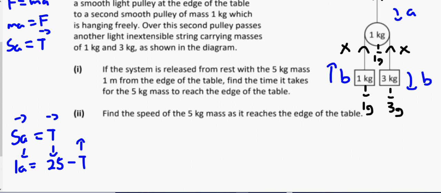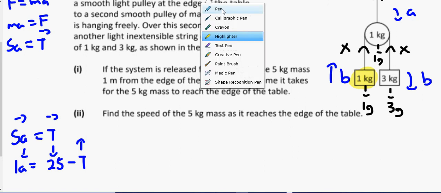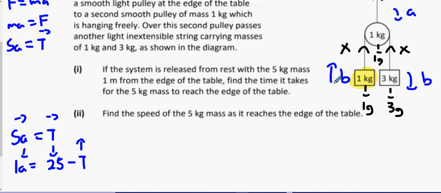Next one we're going to look at is what's happening to the 1 kilogram mass, which is this guy here. Now, its acceleration depends on whether you think it goes up or down overall. For argument's sake, it's going up at acceleration B, but down at acceleration A. For me, that's up beaten down. For another person, they'll say down beats up, which is okay as well. They'll say it's A minus B, and that's okay.